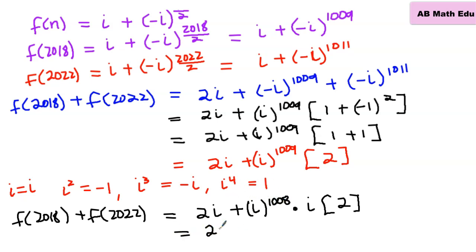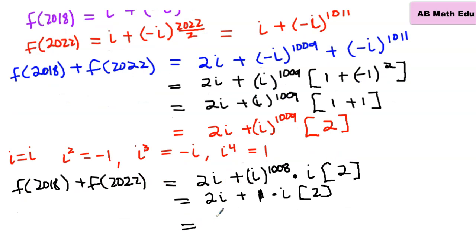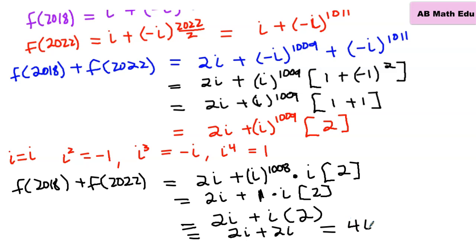So here we get 2i plus this one will turn into 1, so 1 times i times 2, which is going to be 2i plus 2i, which is equal to 4i as a final answer.